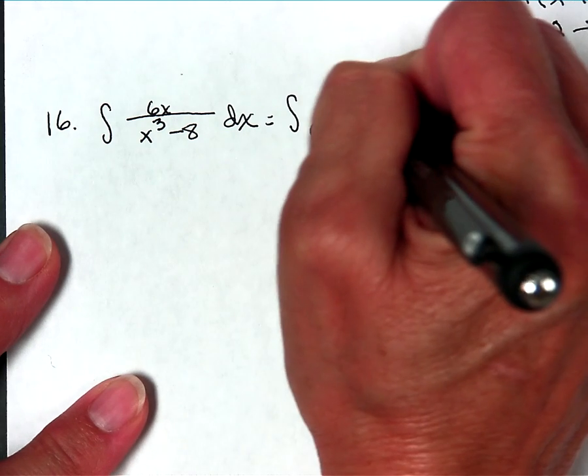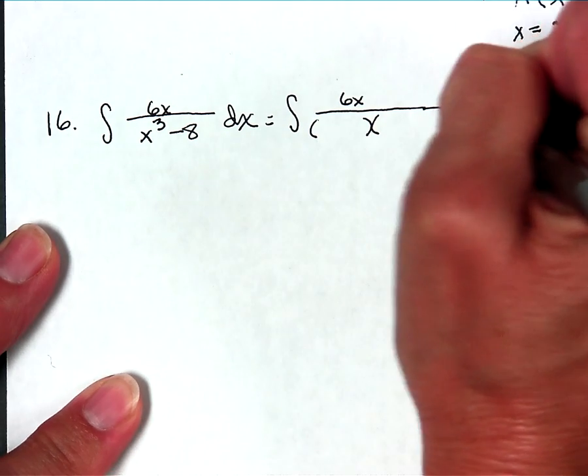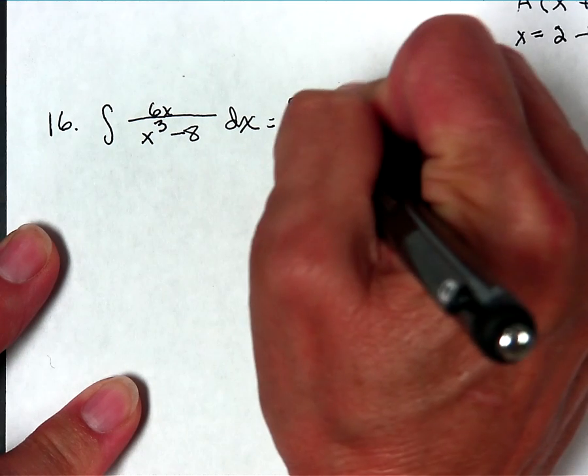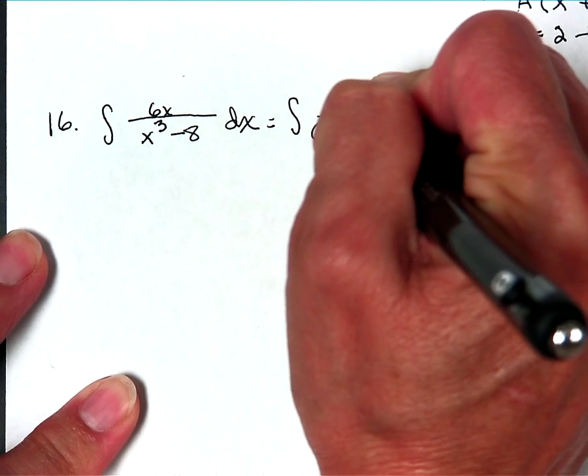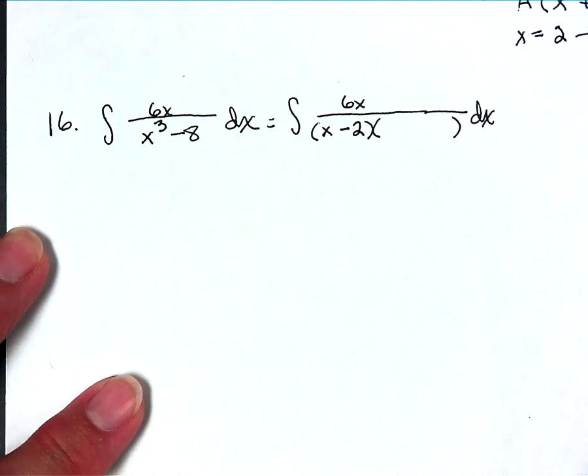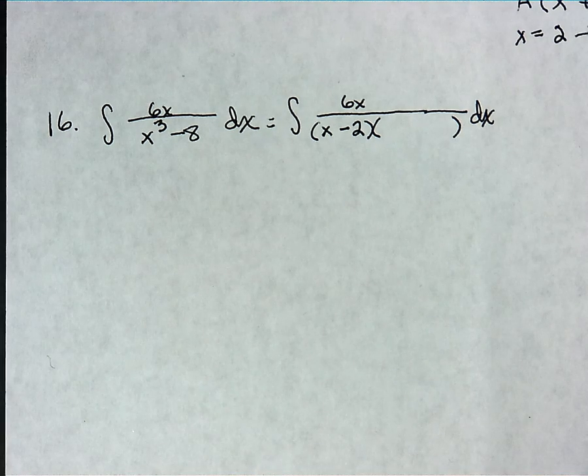Difference of two cubes is where you get a binomial times a trinomial. The binomial is the cube roots, same sign. And then the trinomial factor, I'm thinking for a second, does it start out with same sign or opposite sign? Same sign. Nope.